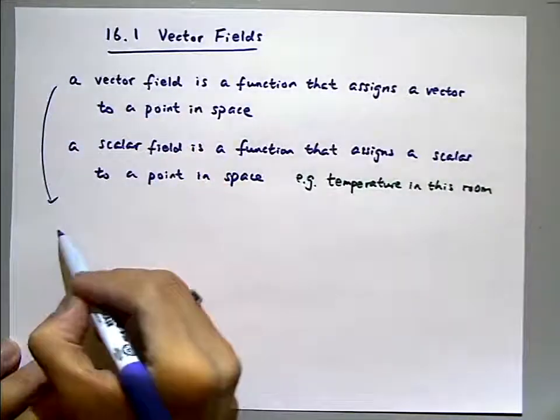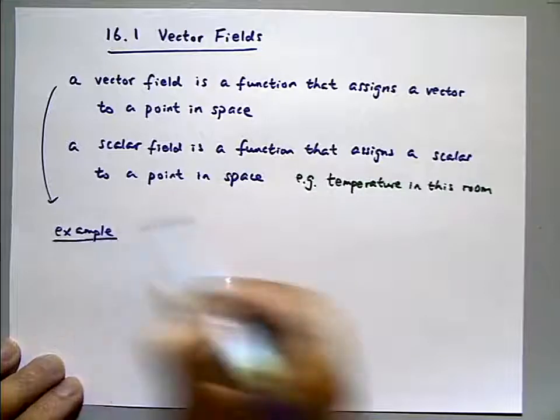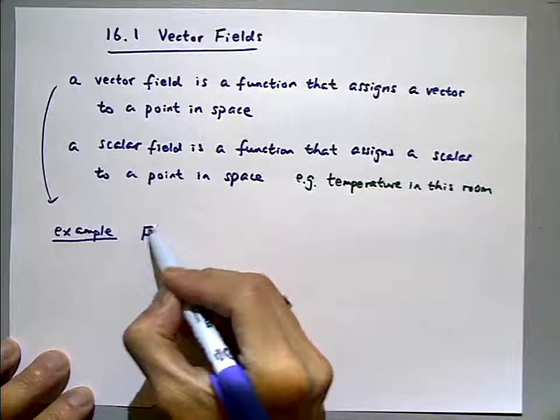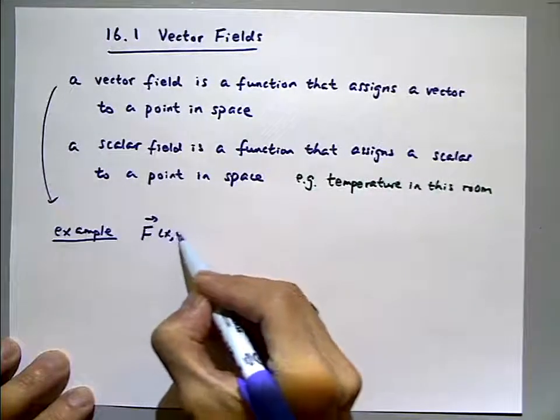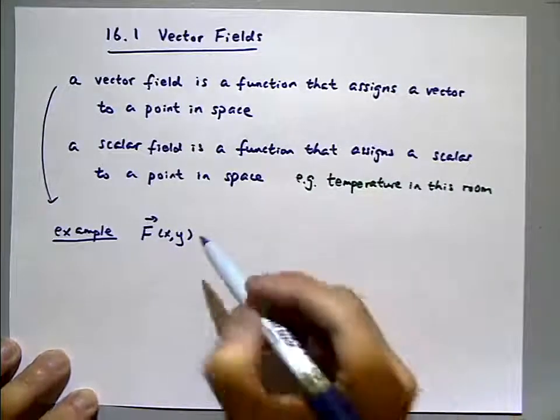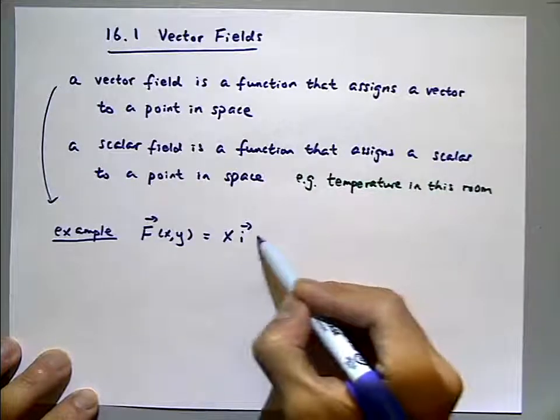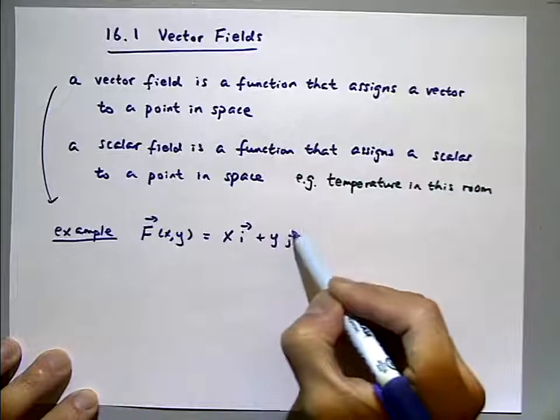So let me give you a simple example of a vector field. It has to be a vector function. So a vector function, capital F of x, y, and let's just make it very simple: x i plus y j.